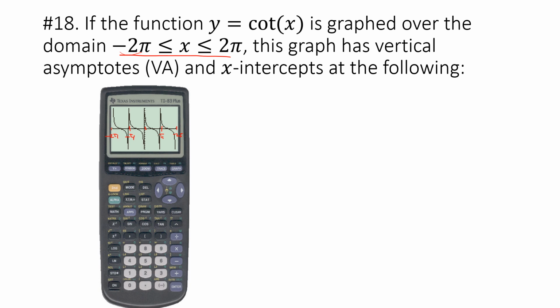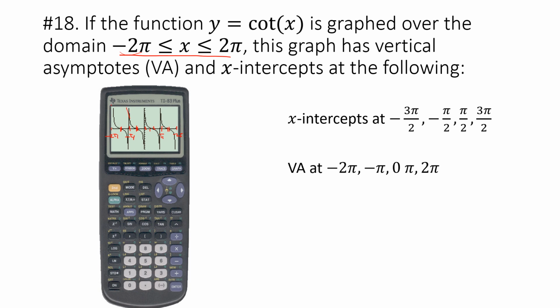Okay, so the x-intercepts are here, here, here, here, right? So we know the x-intercepts are pi over 2, 3 pi over 2, negative pi over 2, negative 3 pi over 2. The asymptote is where the graph is going up, going down, right? Going up. So the asymptotes are at negative 2 pi, negative pi, 0, pi, and 2 pi.